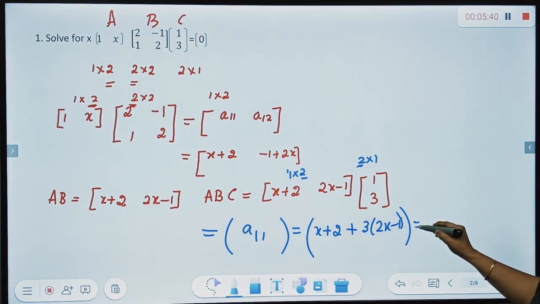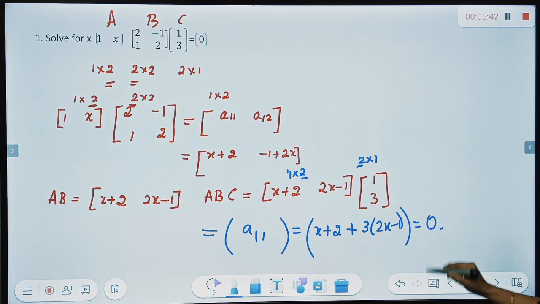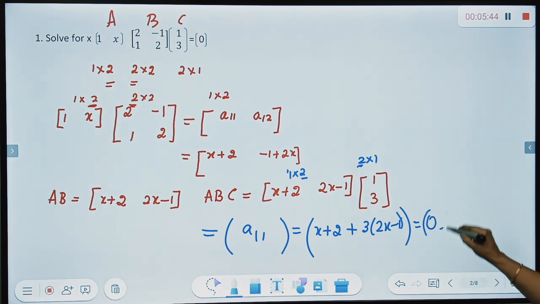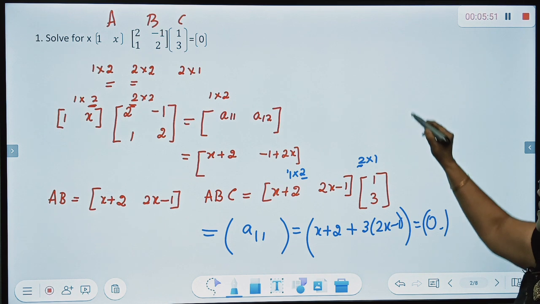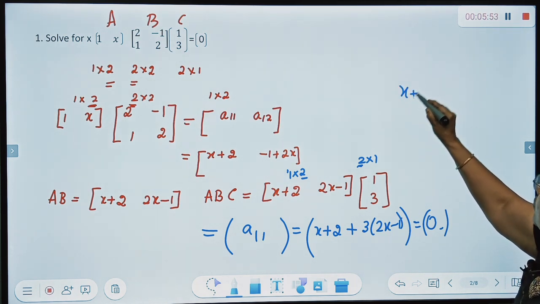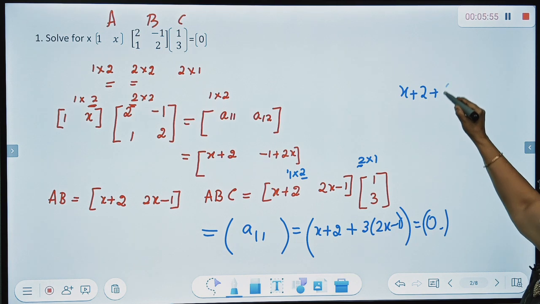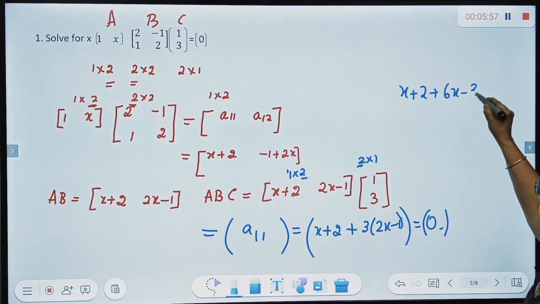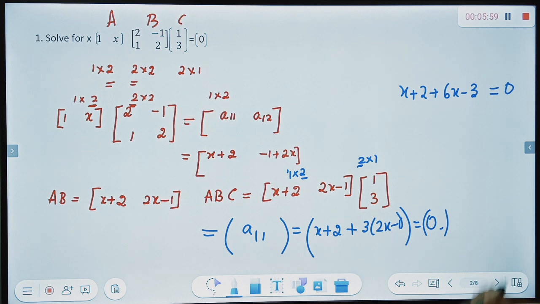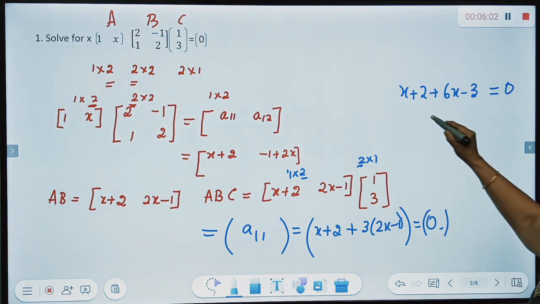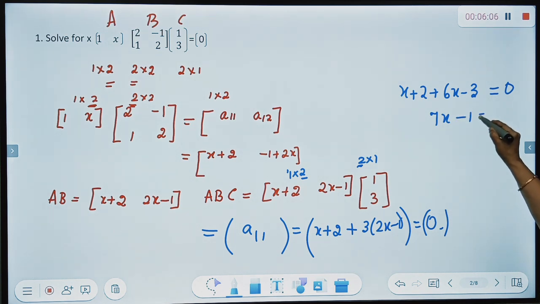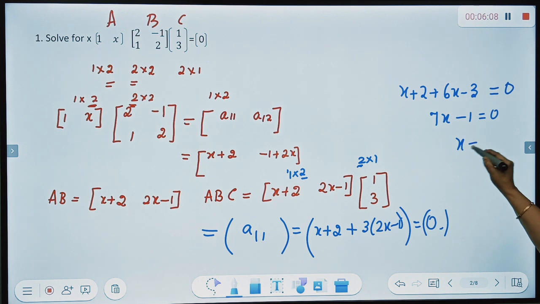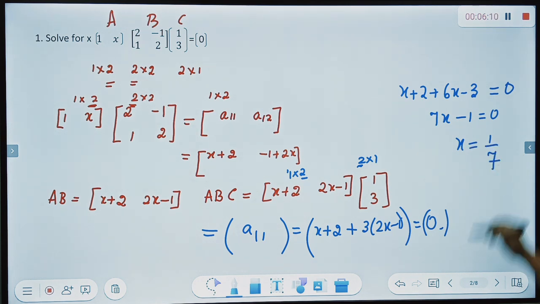This is given to be equal to 0, the matrix 0. So two matrices are equal, the elements have to be equal. So we have x plus 2 plus 6x minus 3 equal to 0. So you have 7x minus 1 equal to 0, or x equal to 1 by 7.